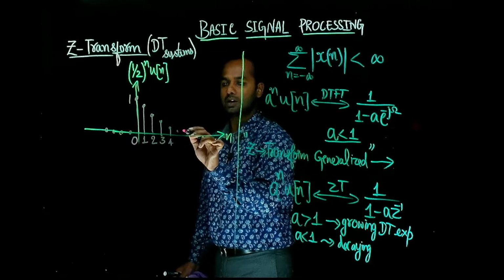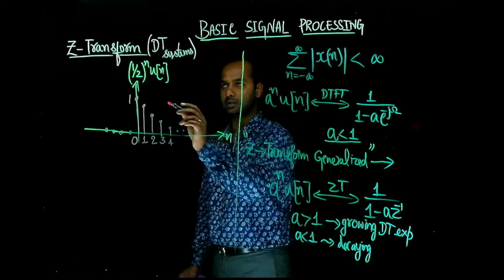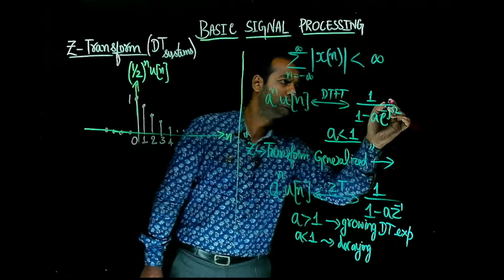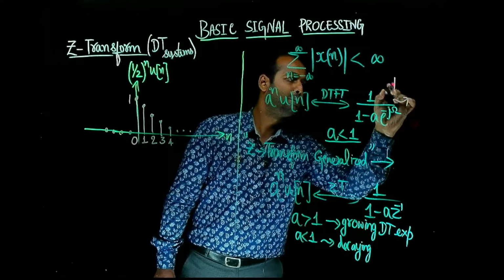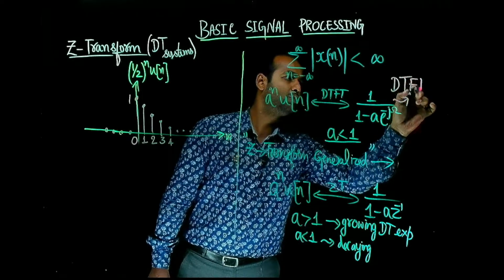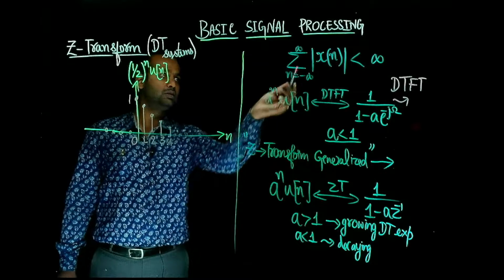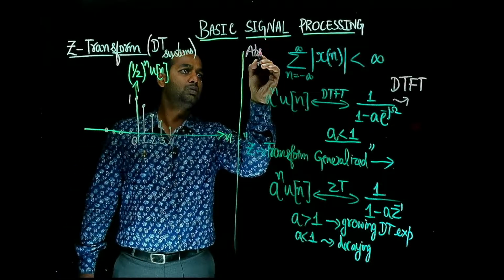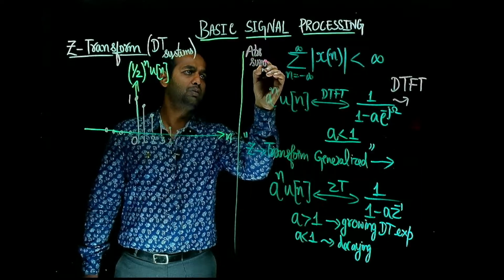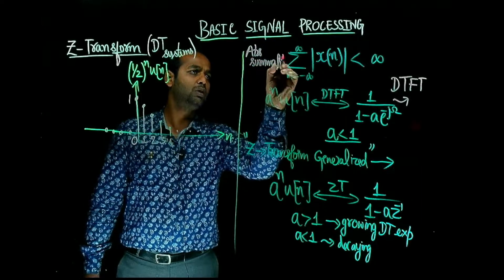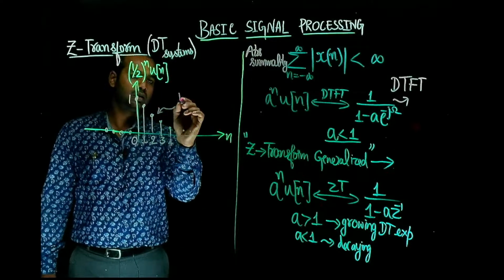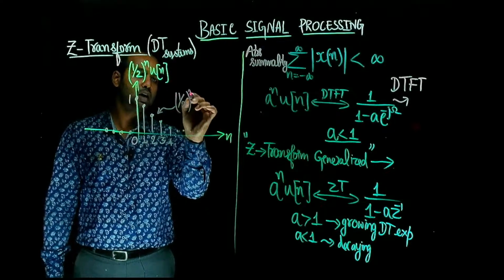What I was explaining all this time is discrete time Fourier transform, that is DTFT. Discrete time Fourier transform exists for sequences which are absolutely summable. This is one of the requirements for Dirichlet conditions. The general magnitude of this sequence is half power n.